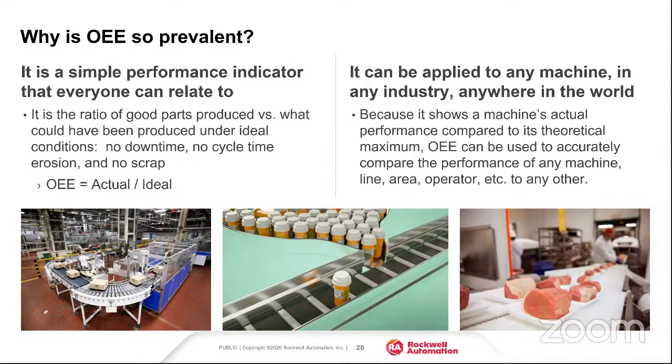You are comparing to an ideal model what is happening currently, and we are trying to push towards ideal all the time. The other aspect is it can be applied to any machine, any equipment in any industry, anywhere in the world. So it is agnostic to the platform.